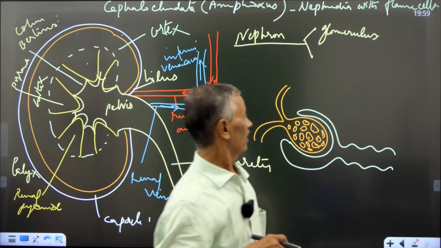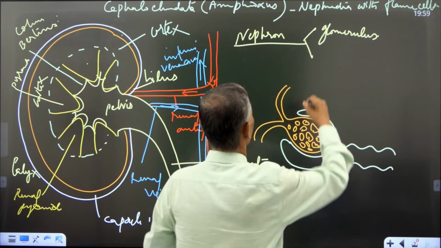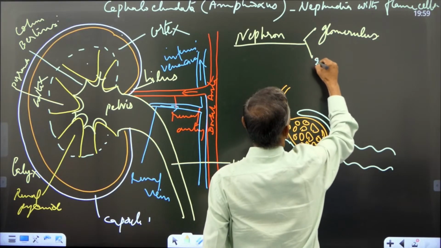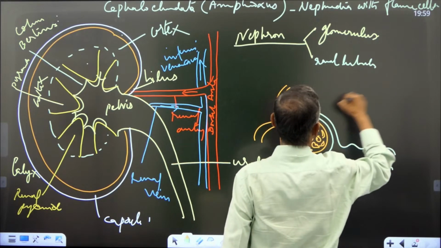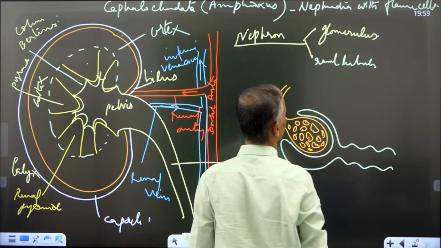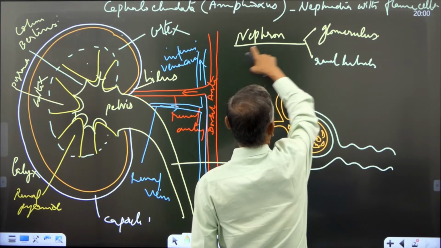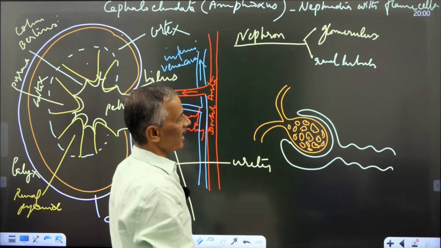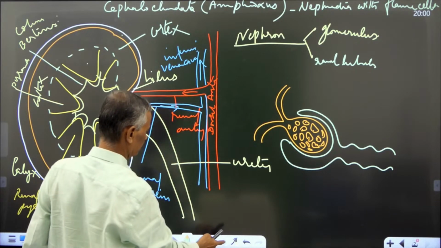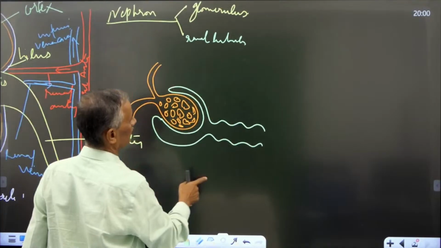This renal tubule, second one is the renal tubule. So these are the two parts. This renal tubule has three regions. What are they?